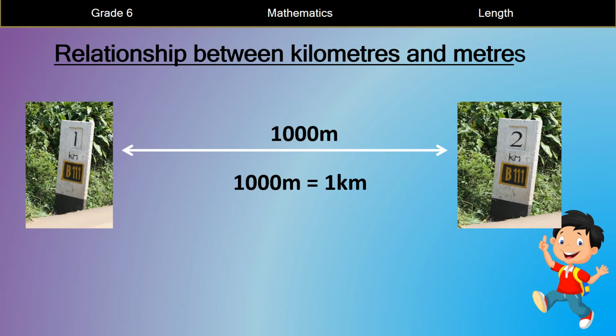The distance between these 2 posts is 1 kilometer, or if you measure the same distance using meters, it is 1000 meters. Therefore, we say that the relationship between kilometers and meters is 1 kilometer equals 1000 meters.